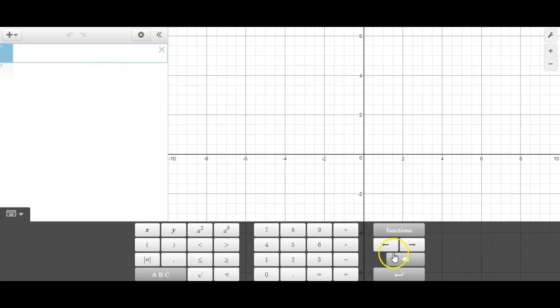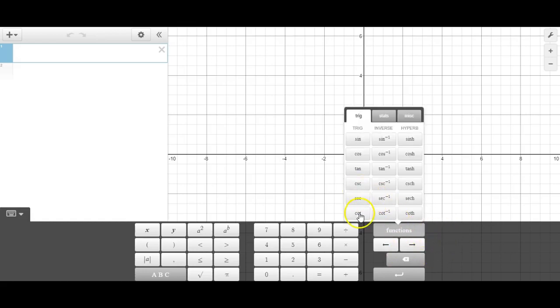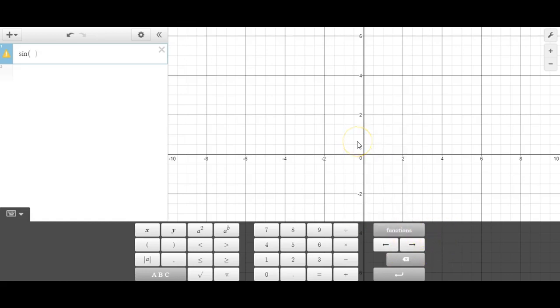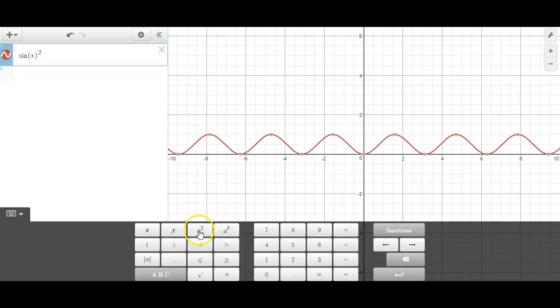Okay, and we want to put in that function we put into the calculator. So you're going to hit functions over here. You're going to hit sine of x squared. The square tool is right down here, a squared. Okay, so that makes that graph. And actually we wanted a 10 up in front, but that's no problem.